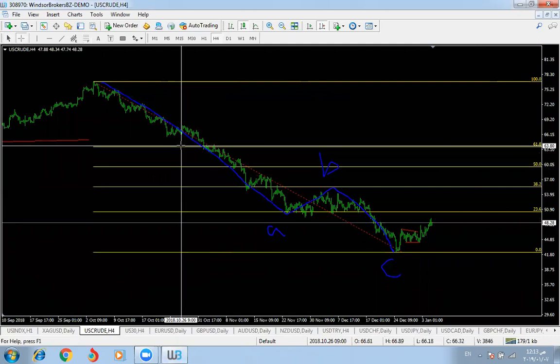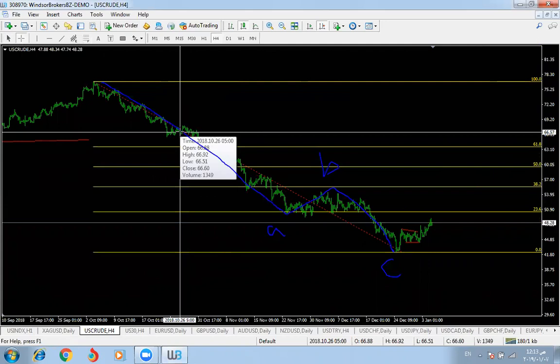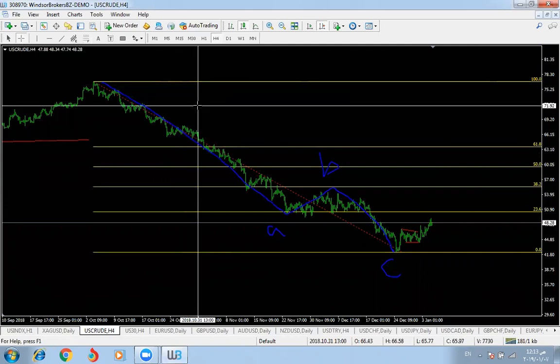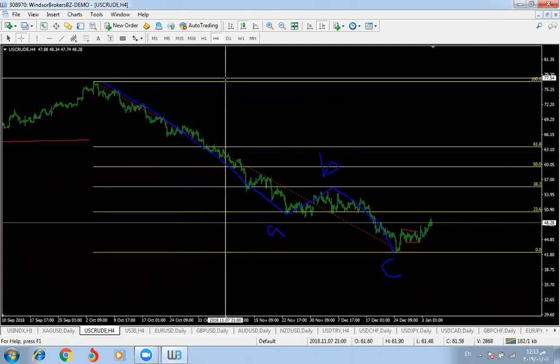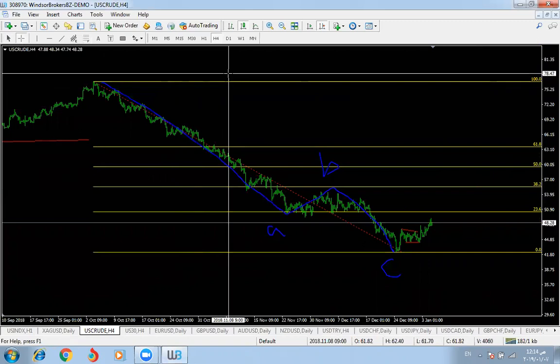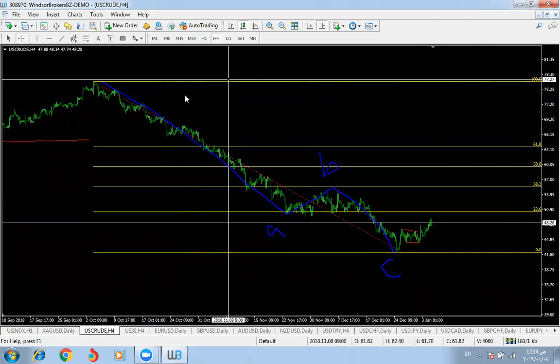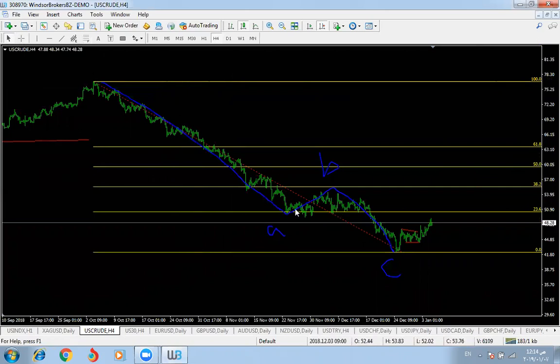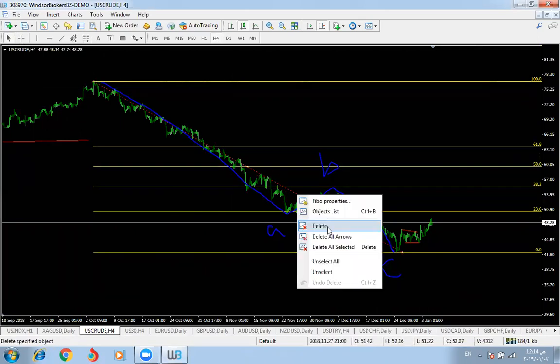We will see the price go around the 66 or 67 area. Or if we see an expanded flat, we might see 77 for the price to go to this top again. So we are bullish for the crude oil.